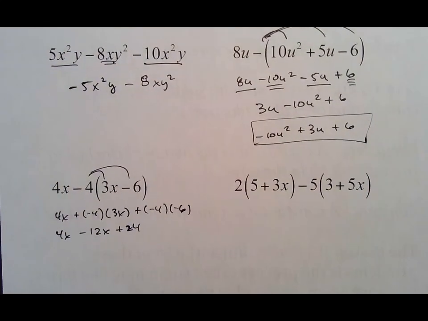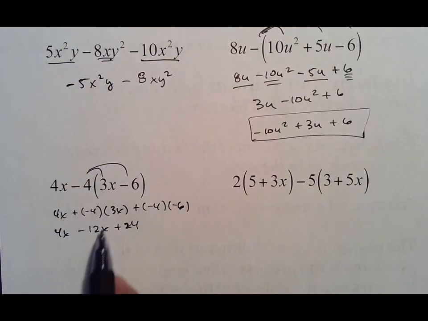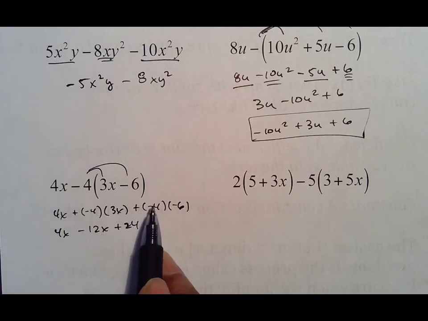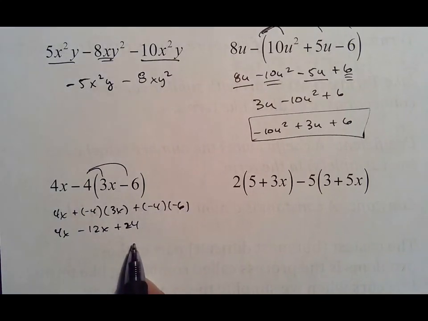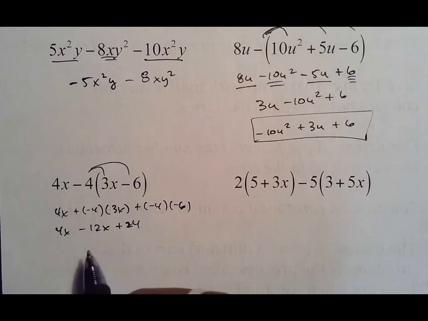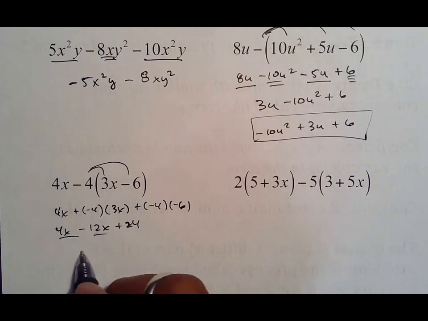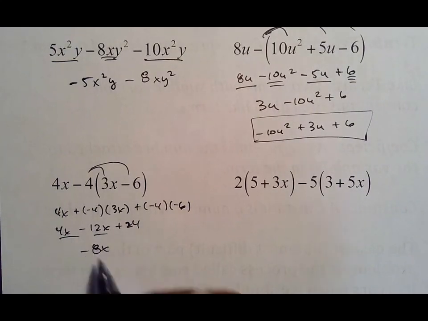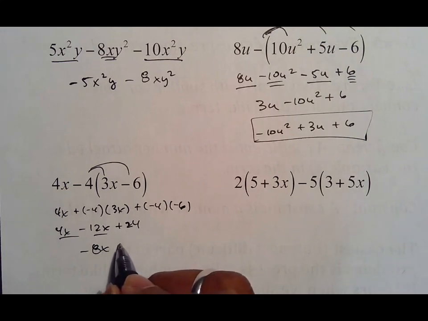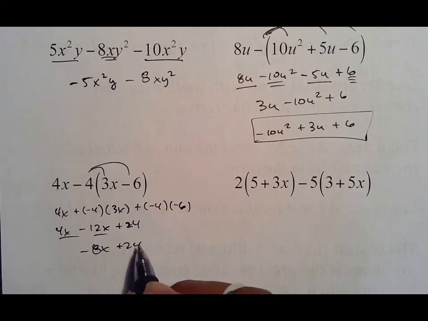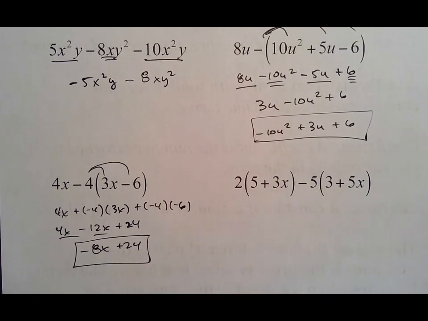From there, I put my like terms together. Negative 4 times 3 is negative 12. Negative 4 times negative 6 is positive 24. I then put these two together to make negative 8x, because 4 and negative 12 make negative 8, plus 24. And there you go.